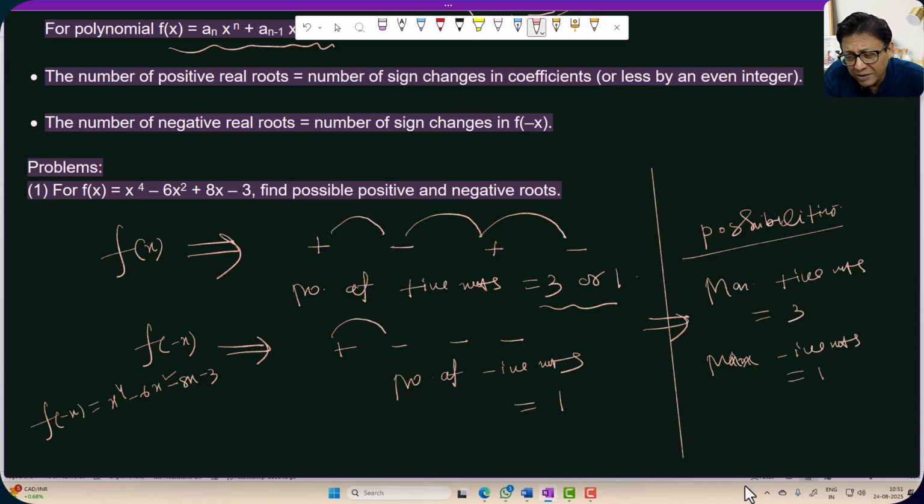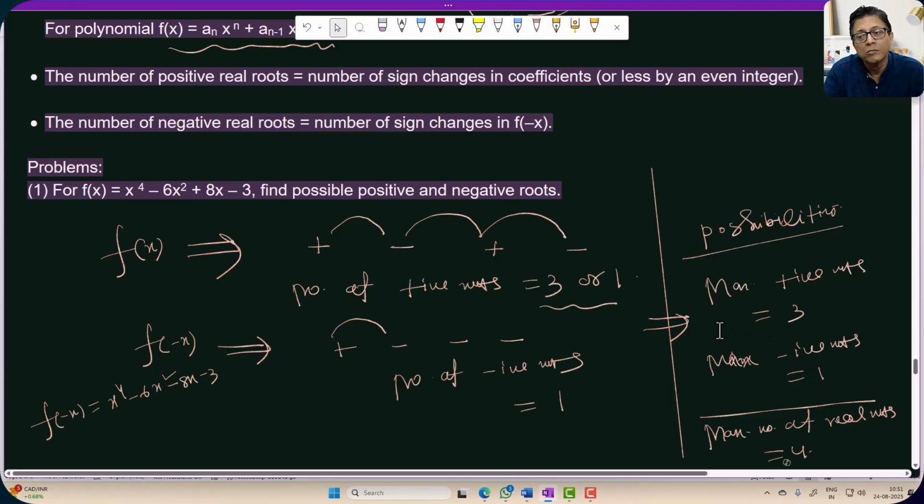They are distinct. Positive cannot be equal to negative 1. So if we state the maximum number of real roots equal to 4, then it's fine.